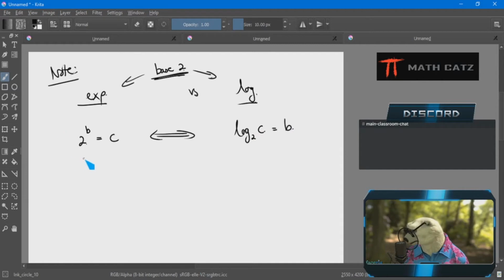So on the exponential side, I'm given the exponent, I find the answer to the exponent calculation. On the log side, I'm working backwards. I'm given the answer and it returns the power of 2. Okay, so there are two unknowns. I can go one direction or the other direction. There are 2 sides to this relationship between b and c, given a base, of course.